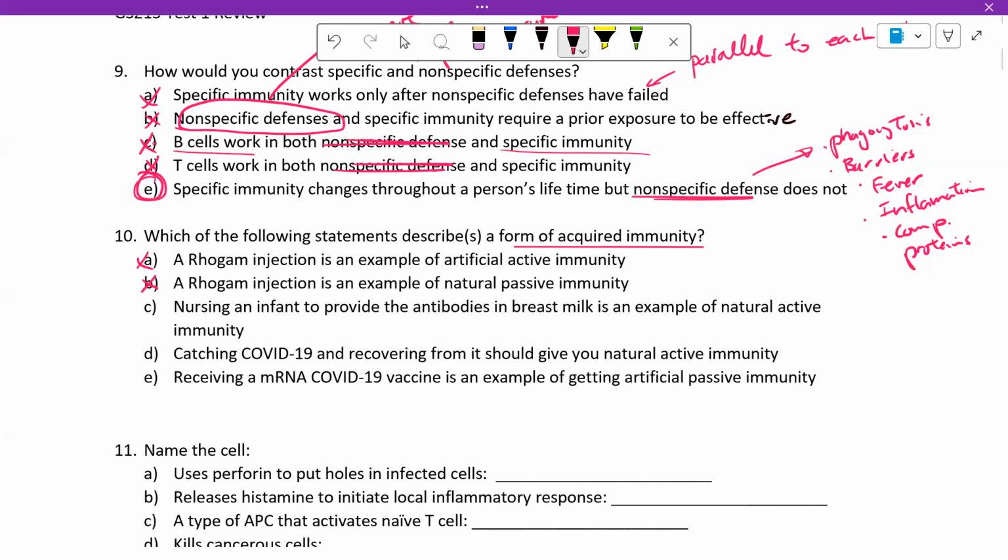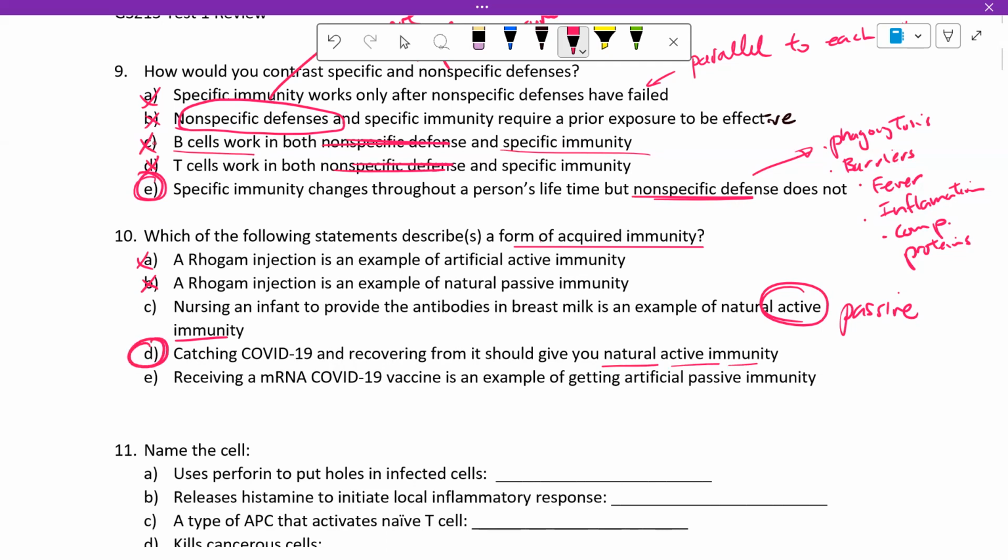Nursing an infant to provide antibodies in breast milk is an example of natural active immunity. The problem here is the word active. The baby is not making their own antibody. The mother is passing it on to them. So this is an example of passive immunity, and this is wrong. Catching COVID-19 and recovering from it should give you natural active immunity. That is correct.